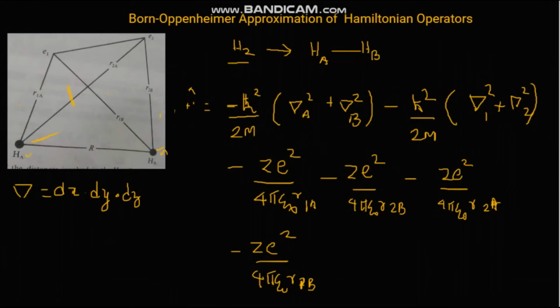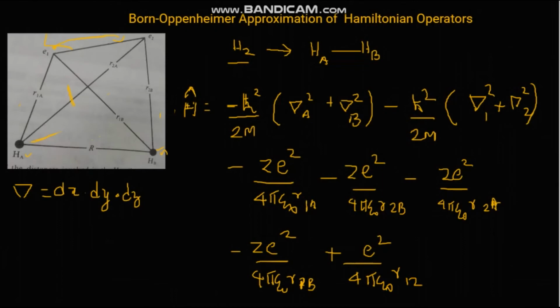The repulsion between this electron and another electron eventually increases the energy, which is why it is given a plus symbol. The plus symbol means it will increase the energy, and it is given by e square by 4 pi epsilon r12. Why haven't we used Z?